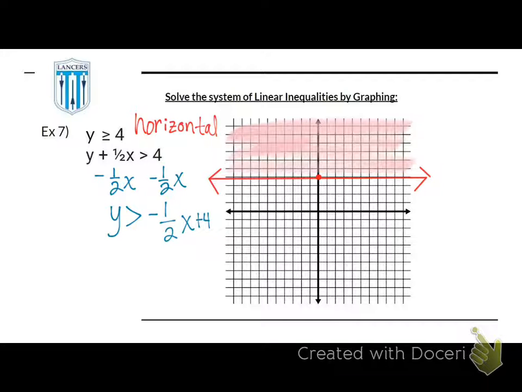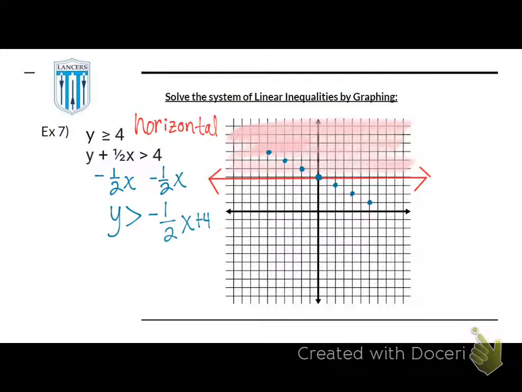Your first point will be positive 4 on the y-axis, and then you will go down 1, right 2, down 1, right 2, down 1, right 2, or up 1, left 2, up 1, left 2, up 1, left 2. Your line through those points should be a dashed line.